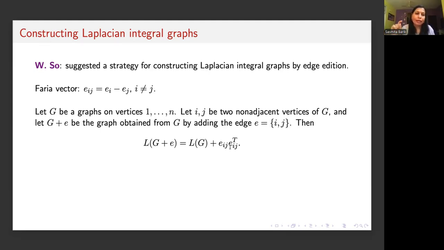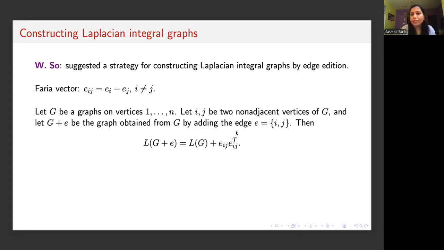And at the ij and ji places you will put -1. So basically this is the matrix you are adding to L_G. So the Laplacian matrix of the new graph obtained by adding the edge ij is L_G plus e_ij times e_ij transpose.